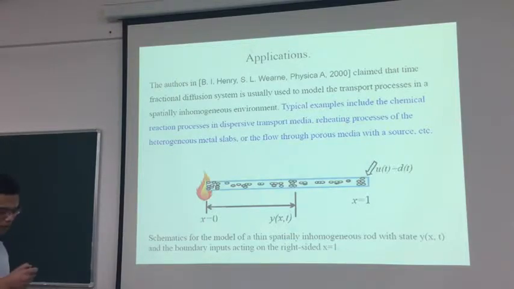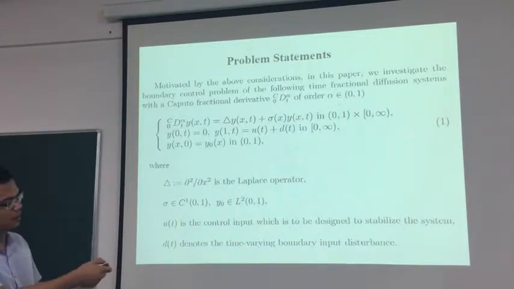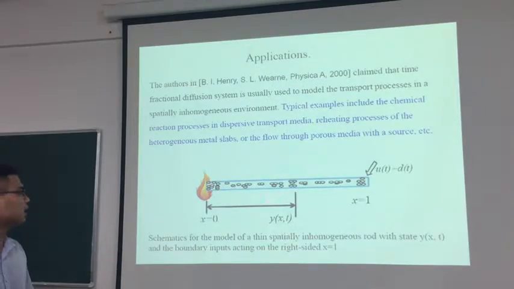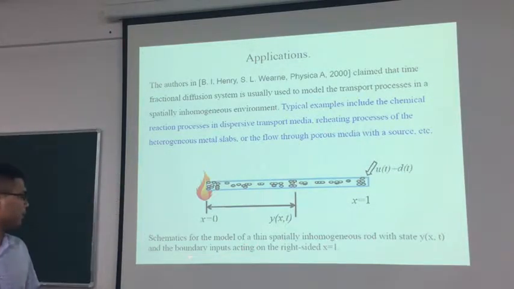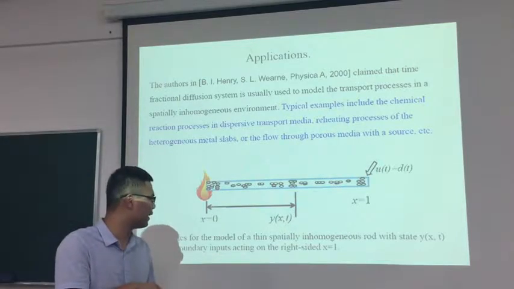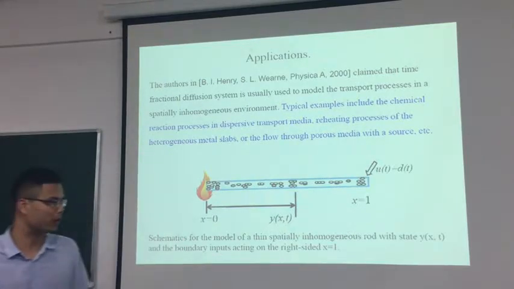So, this is called system 1. System 1 can be regarded as a model of a thin rod with state y-axis and the boundary impulse acting on the right side at x equal to 1.